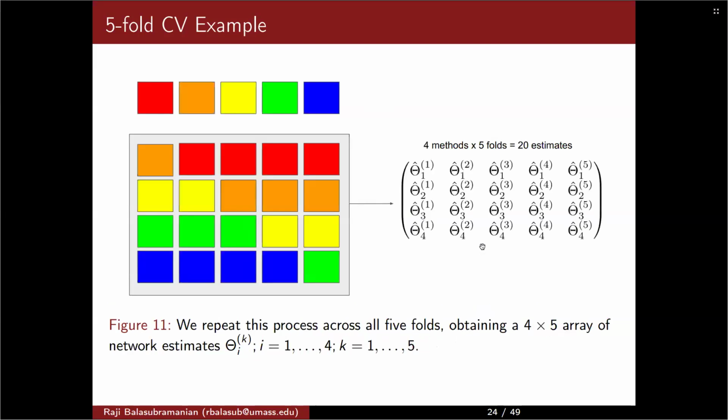We can loop through our cross-validation through its five iterations, and we arrive at 20 different estimates, because in each of our 5 folds, we have 4 estimates of theta based on the 4 methods in our library. They're arranged in a matrix of this form, where this column holds the estimates of theta from this first cross-validation step, which were trained on just this group of data, and this was left out as an independent test set.